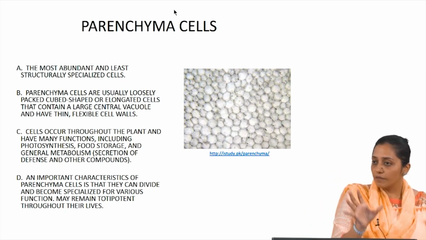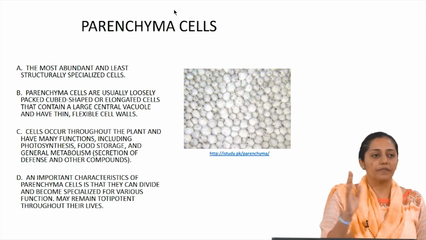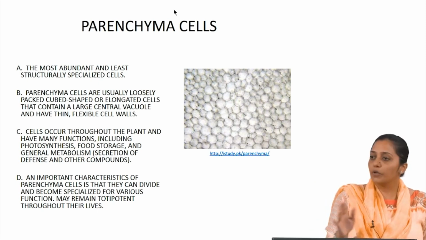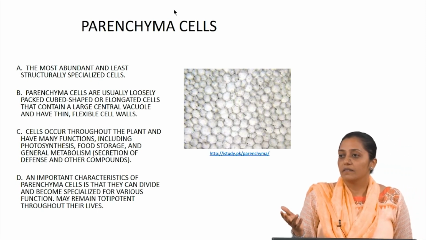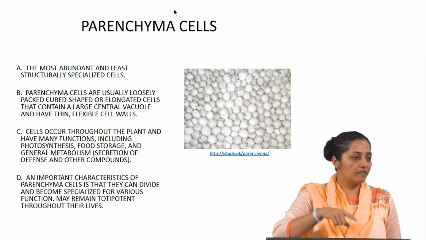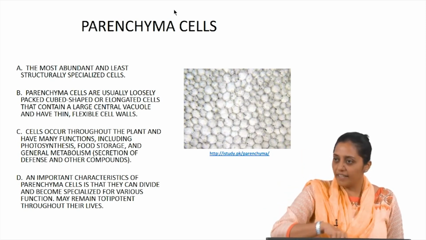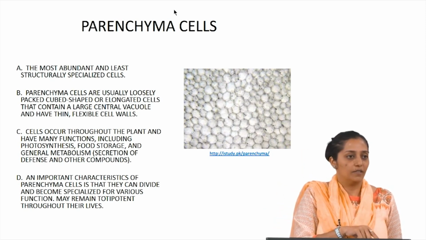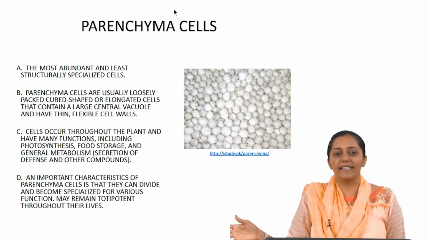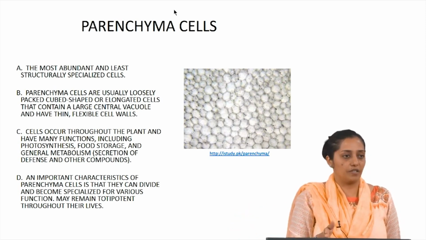For their entire life, they remain totipotent. Totipotent means they have the ability to organize themselves into a specialized function, and again redivide and come back to the totipotent stage and again redirect their metabolism to carry out another specialized function.